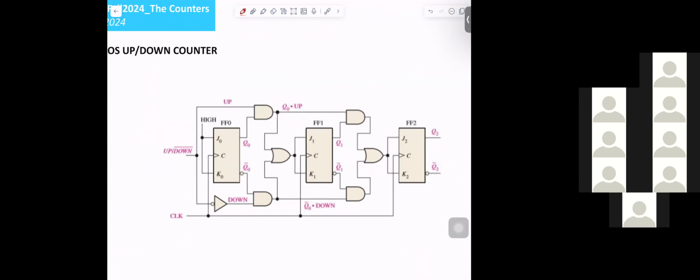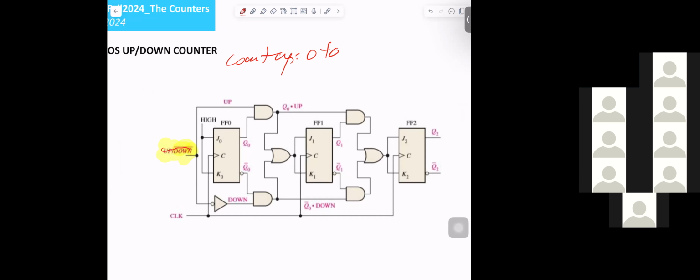And also, that one can count up and count down. Just by looking at the circuitry, I can tell you it counts up from what to what? 0 to what number?